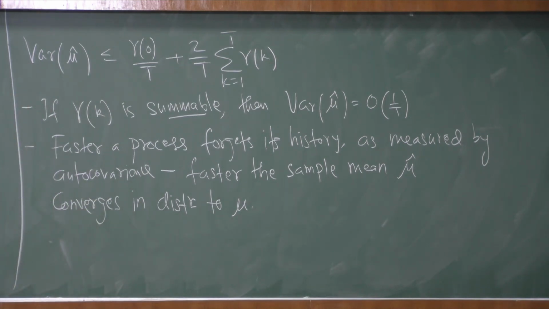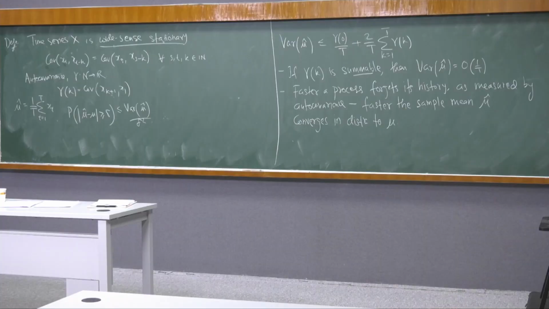So now everything depends on whether gamma k is a summable function or not. In other words, the sum of gamma k from k equal to 1 to infinity is bounded, because if the infinite sum is bounded, then any partial sum of this will also remain bounded. This will be in a specific case where we have a time series which is white and stationary.